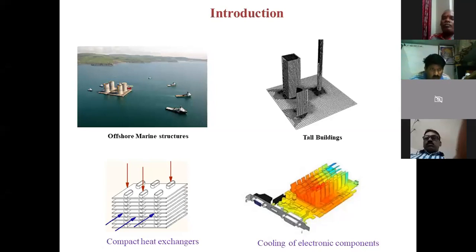If we are interested to find the optimum position of that fan and the heated object, so that we can dissipate the excess heat from that object, this kind of study we can work on. We can study the aerodynamic characteristics here, and similarly the cooling of electronic components.